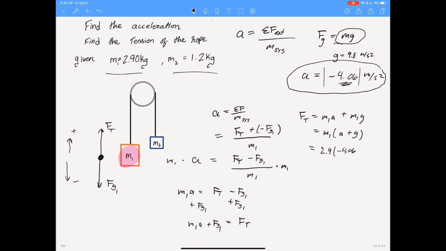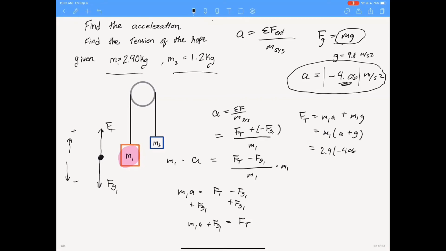It just so happens that it's still negative 4.06 because of how we referenced it. If we used m2, for example, it would be a positive 4.06, because up is positive and down is negative. So when you're using acceleration, remember it is a vector. Just know which direction it's going in.